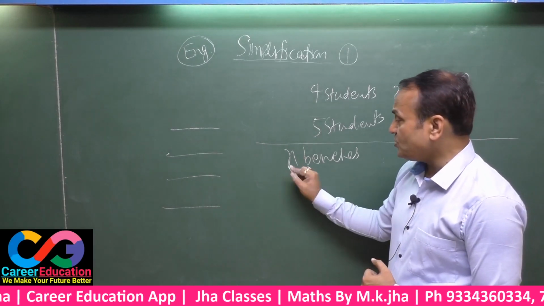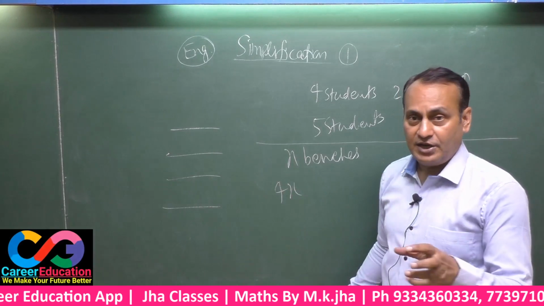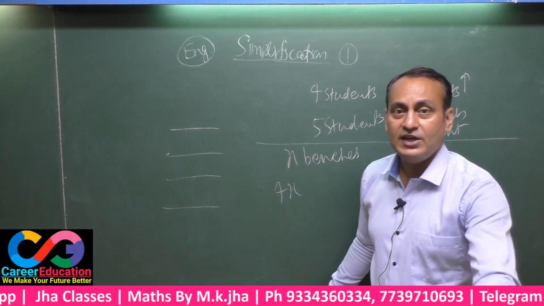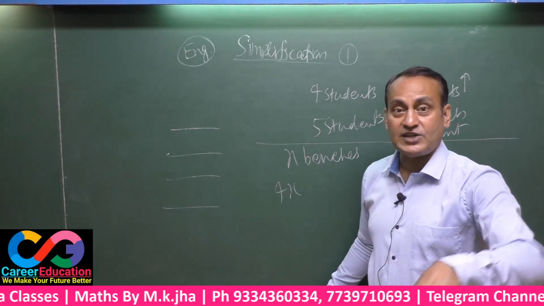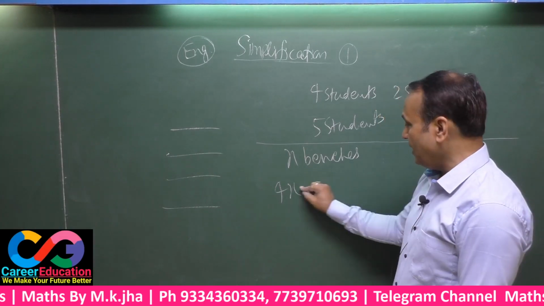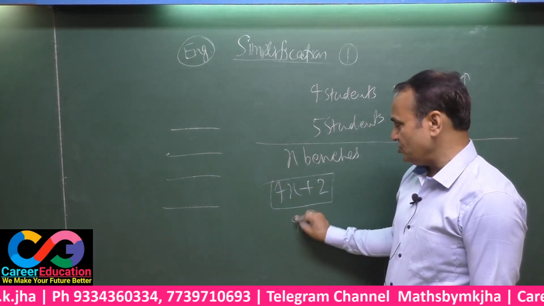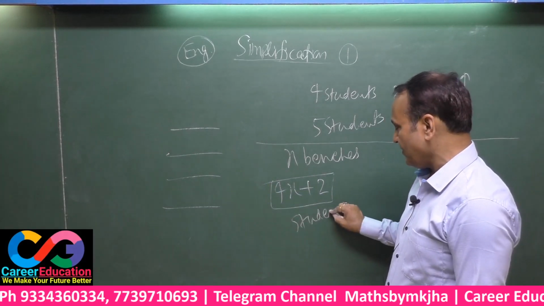That means x benches are completely filled by 4 students on each bench. That means 4 into x students are sitting, plus 2 students remaining standing. This is the total number of students.